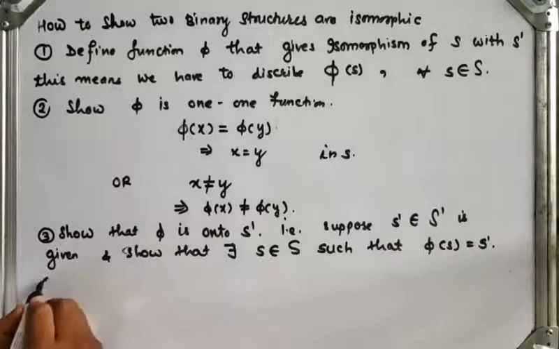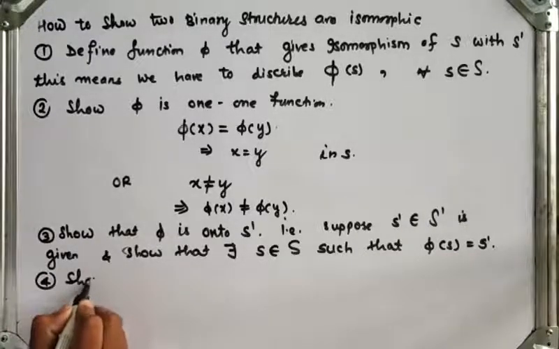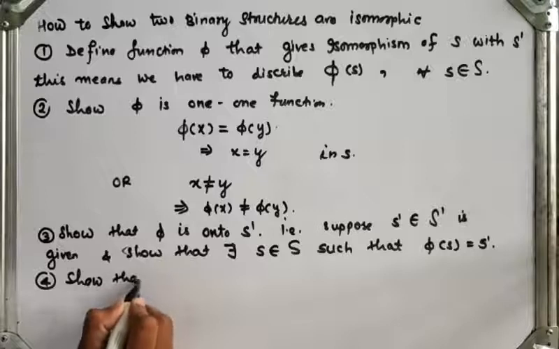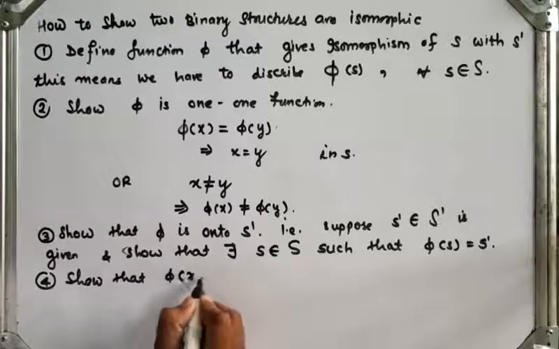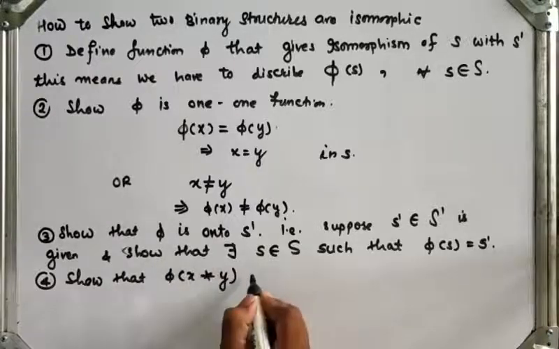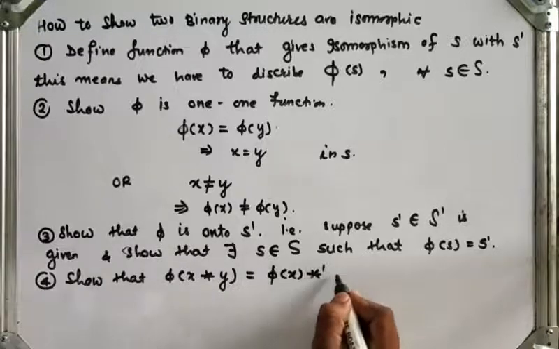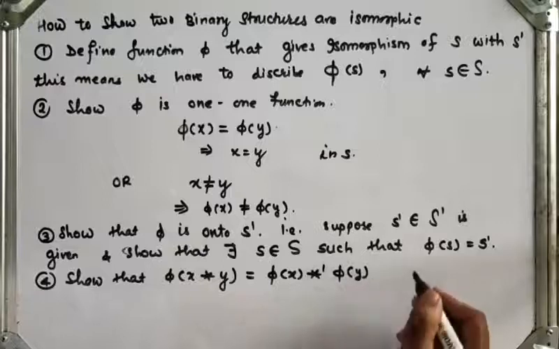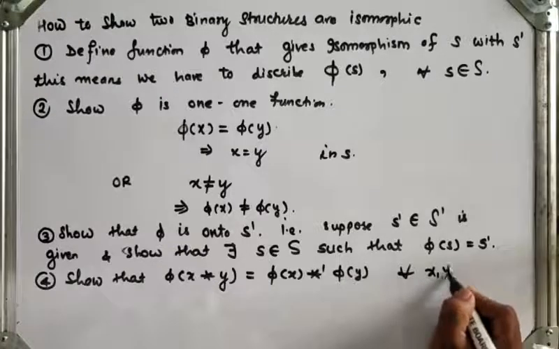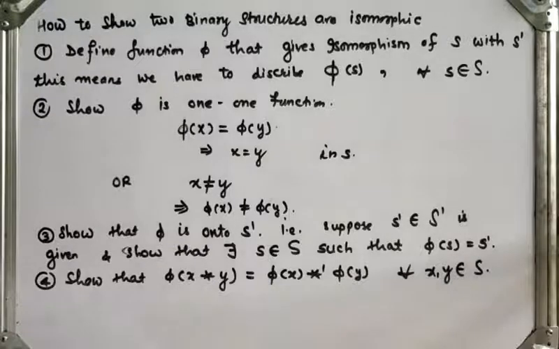And final case 4, show that phi of x star y is equal to phi of x star dash phi of y for all x, y belonging to set S. If all these four conditions are satisfied, then we say that two binary structures are isomorphic.